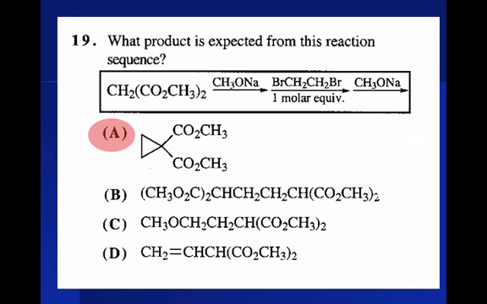Now, you'll notice that answer C shows a Williamson ether synthesis where the sodium methoxide can come in and just displace in an SN2 reaction and give product C. And I've taught you that alkyl halides plus methoxides, or alkoxides, will do the Williamson ether synthesis, right? Why does this process occur and not the Williamson ether synthesis?